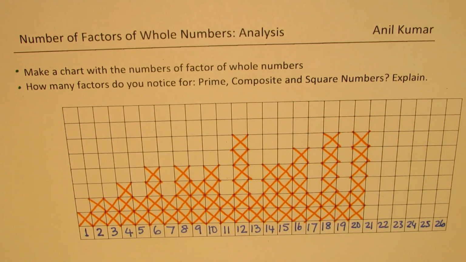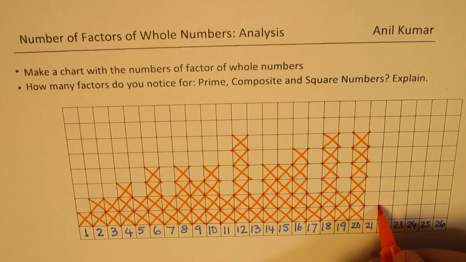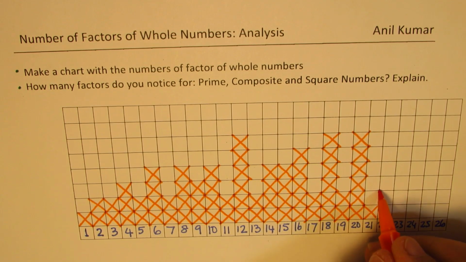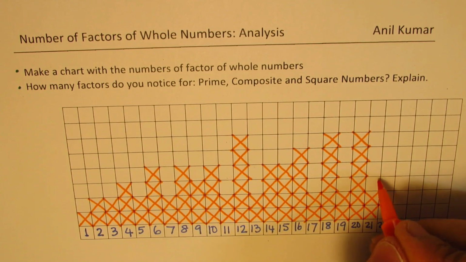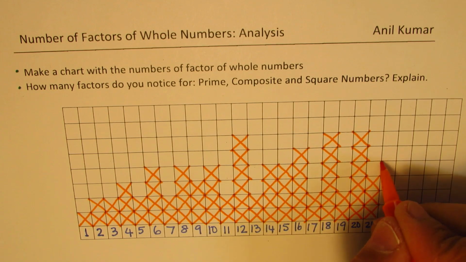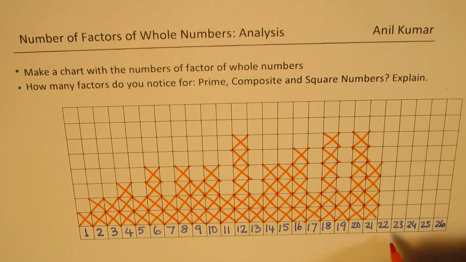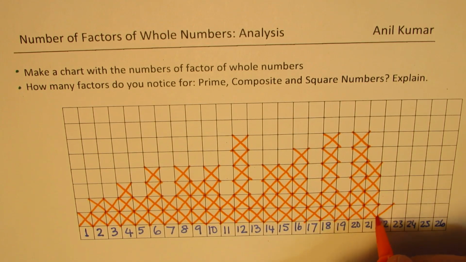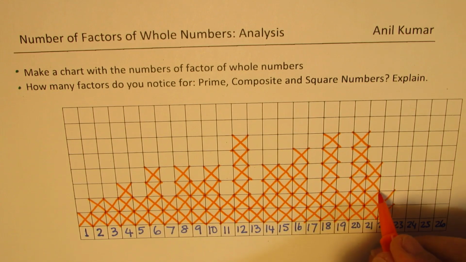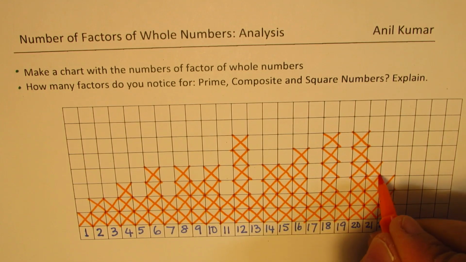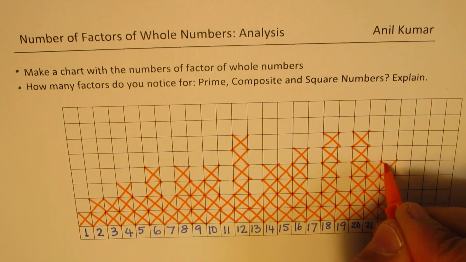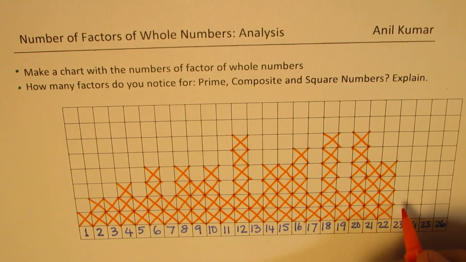So we have 6 factors for 20 also. 21, 1 times 21, and 3 times 7. It has 4 factors. 22, 1 times 22, and 2 times 11, right? 23 is a prime number, so only 1 and 23 are the factors for 23.